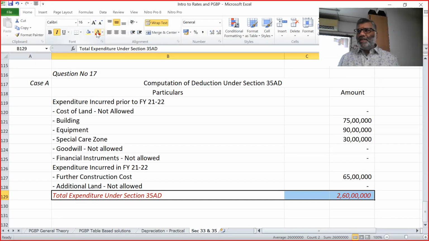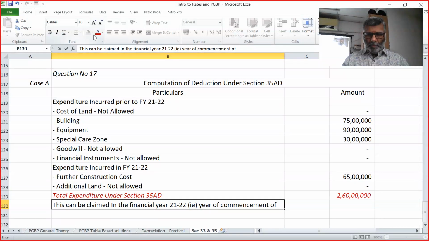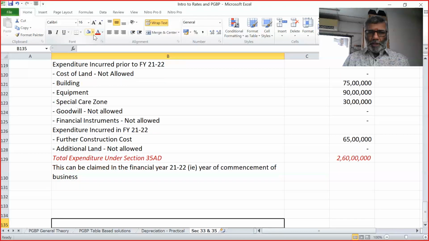Two crores 60 lakhs is the total expenditure. This can be claimed in the financial year 21-22, that is the year of commencement of business.